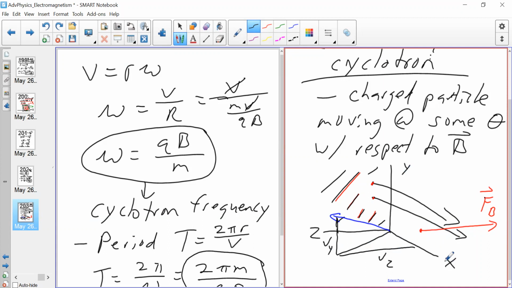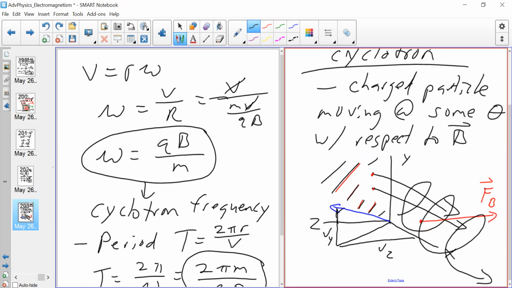If anybody was along the x-axis, they would see this coming down as a circle. But when you look at the entire picture, this particle is going to be moving in a helix, a helical pattern, all the way down. But the x-axis person just sees circles.